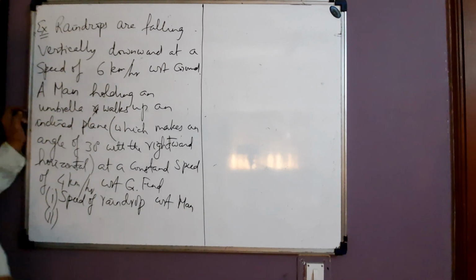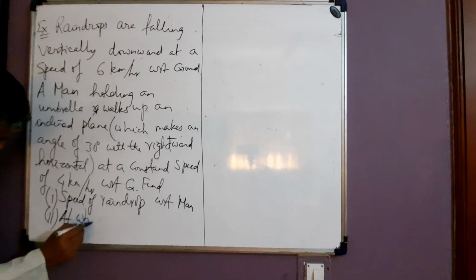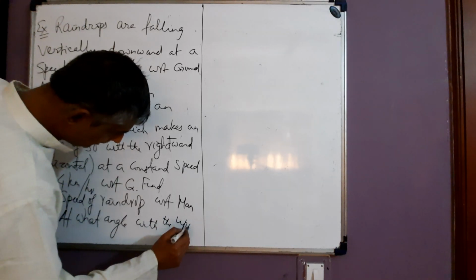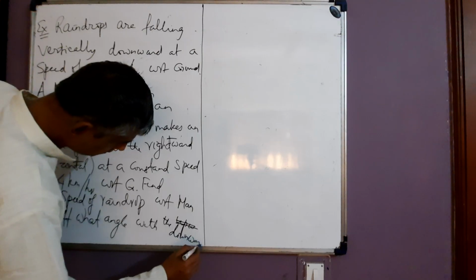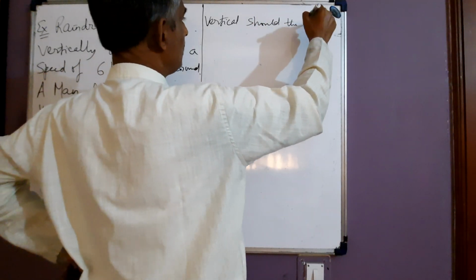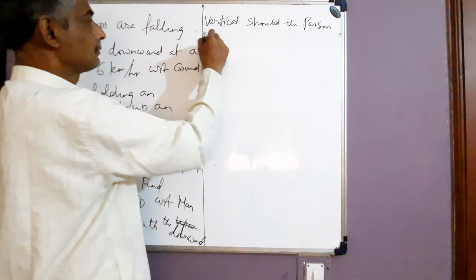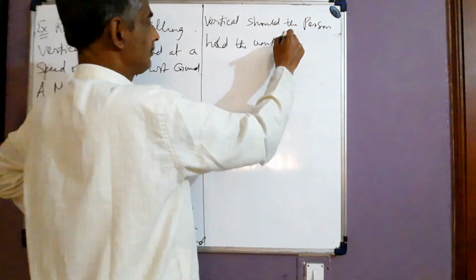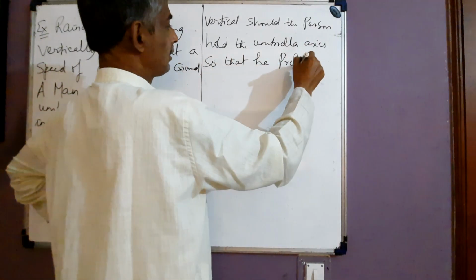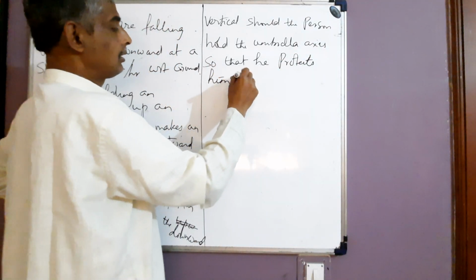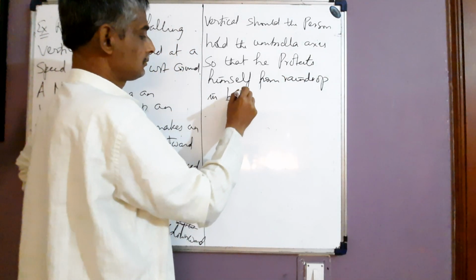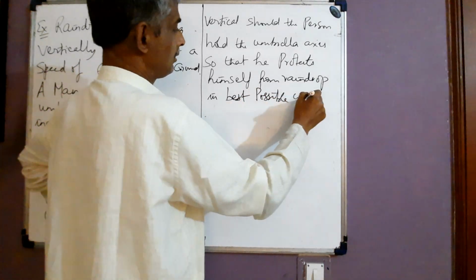And second, at what angle with the downward vertical should the person hold the umbrella axis so that he protects himself from raindrop in the best possible way.